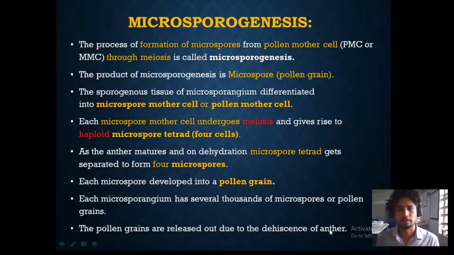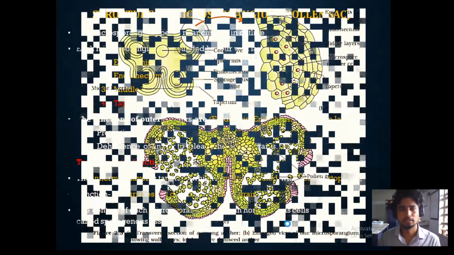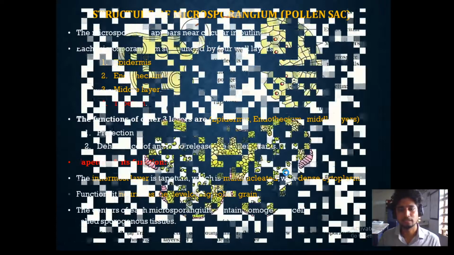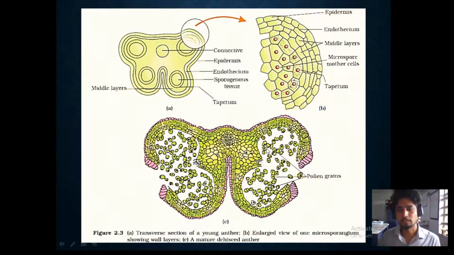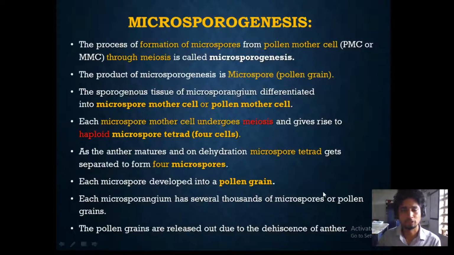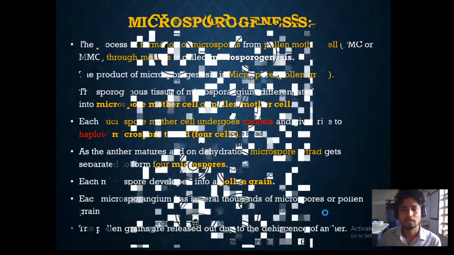Dehiscence of the anther is facilitated by 3 layers that we have already mentioned: epidermis, endothecium and middle layers. These 3 layers facilitate the rupturing of the anther so that the pollen grains come out. Once released, they are ready to go for pollination. So this is microsporogenesis, up to the formation of the pollen grain.